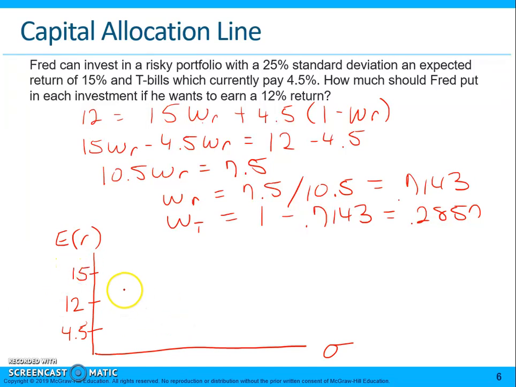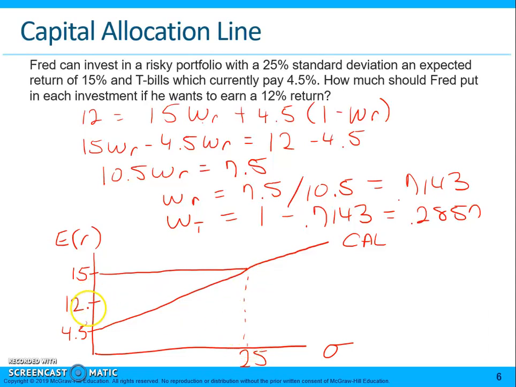And we know that the standard deviation on the risky portfolio is 25. So draw a line out here. So this is our capital allocation line. Probably more appropriate to put a dashed line.